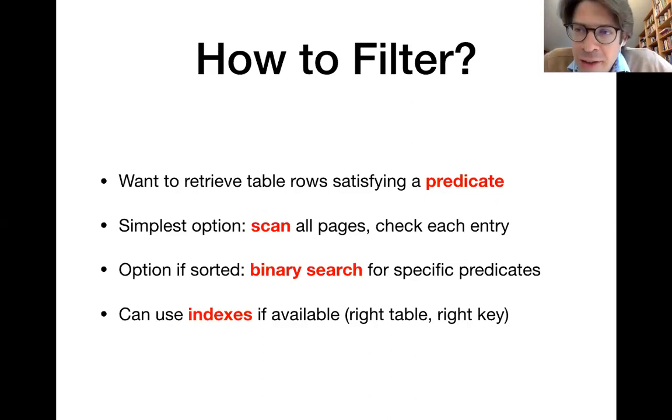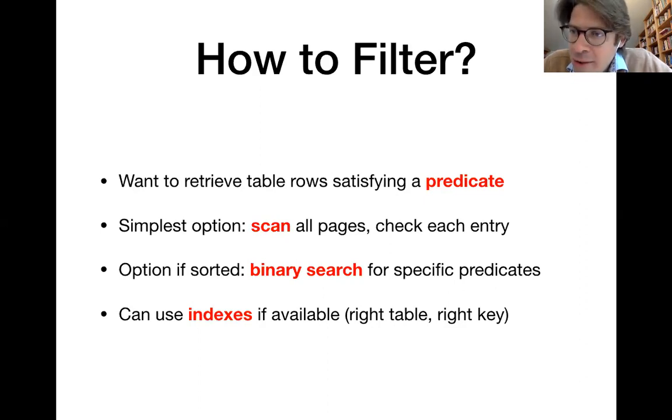Now, if I know, for instance, that my data is sorted according to a column that appears in the predicate that I'm interested in, for instance, I'm searching for information on one specific course, and my data is sorted by courses, then I can typically do something smarter, and I can apply some kind of binary search, as we have already quickly discussed in the lecture on indexes.